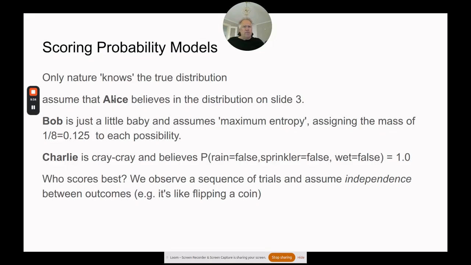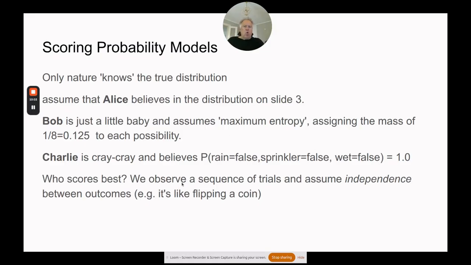We can already feel that Alice should score better than Bob, right? But let's look at Charlie, because Charlie's crazy. Charlie is very set in his ways. He says the probability that it's never going to rain, the sprinkler's never going to be on, and it's never going to be wet is a 1% probability. Nothing else is possible. Okay, so who scores best?